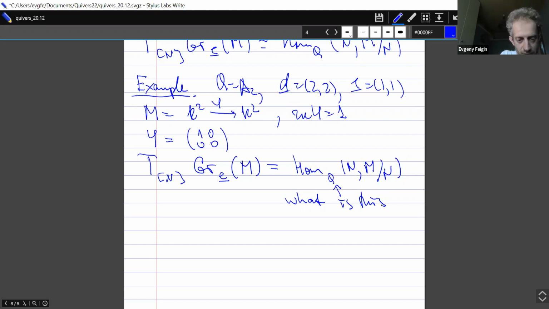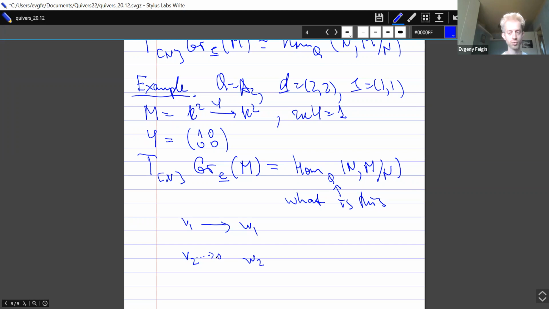Let me draw phi. So we have V1, V2, and then W1, W2. And phi maps V1 to W1 and V2 to 0. And now we want to compute Hom spaces from a subrepresentation N of dimension vector (1,1) to M/N. So how to do this? Hom over Q.